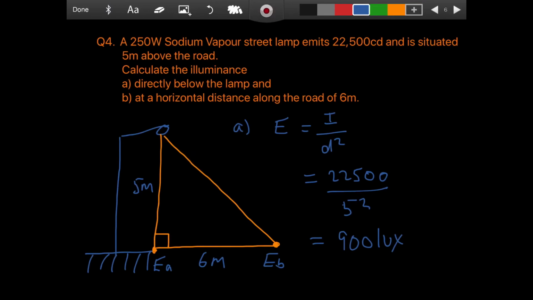And then part 2 of the question, we've got to calculate this horizontal part and the cosine of this angle before we can calculate the point here at EB.